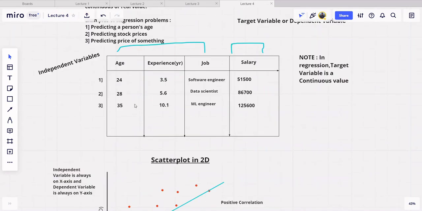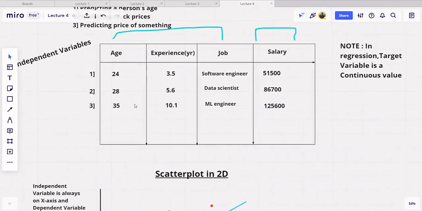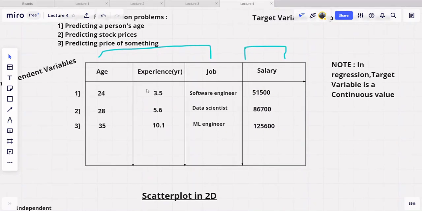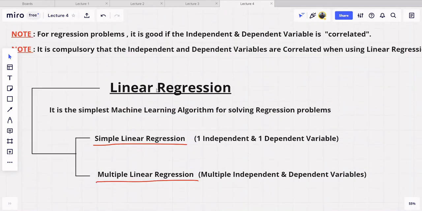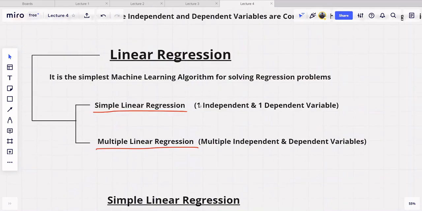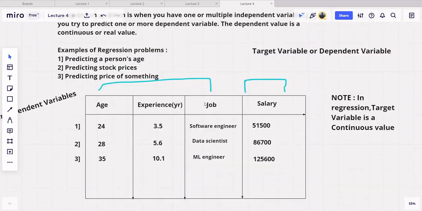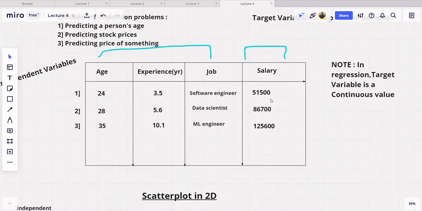So for example, here you can see that if we want to predict salary given only experience, then in this case we can easily use simple linear regression. We can use simple linear regression because the dependent variable is salary, we have only one dependent variable, and experience is the only independent variable.